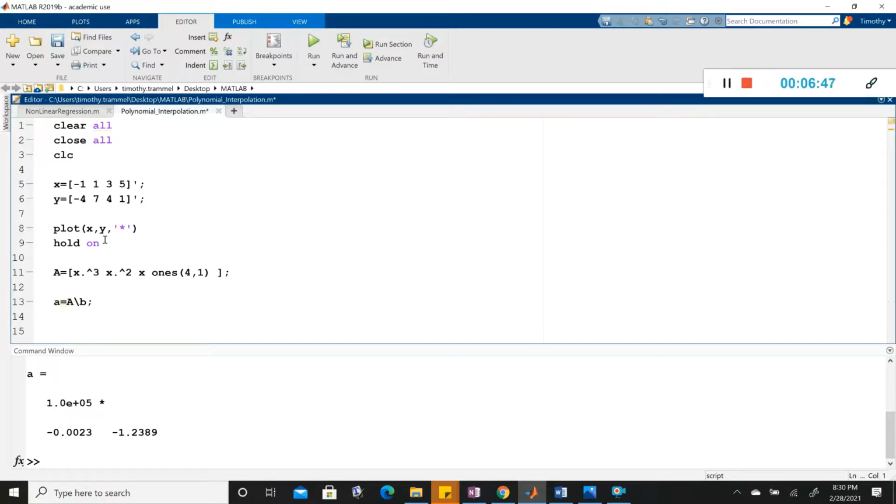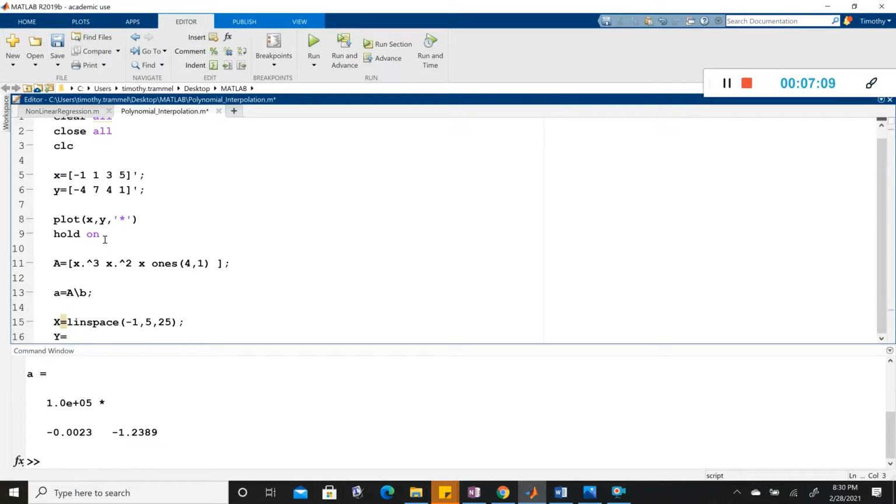All right, and then let's choose the x values that we're going to want to plug into our polynomial. We're going to want to plug in more than 4 points, so linspace, and it looks like our x values, if you look at the little x, they go from -1 to 5, but let's just make sure we're plugging in a few more points. How about 25 points to plug in?